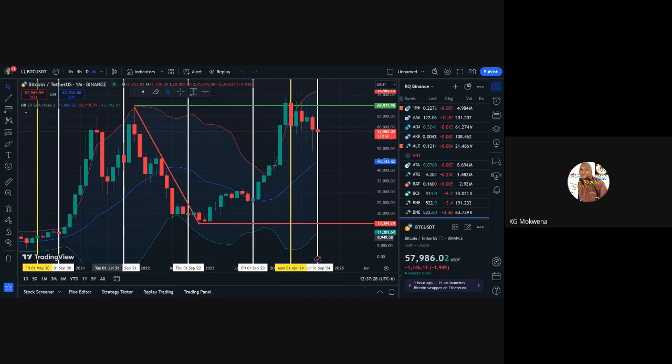So now, what are we seeing here? We can see that when halving took place this year in April, the Bitcoin price had already broken above the all-time high of 2021. That is that green line.